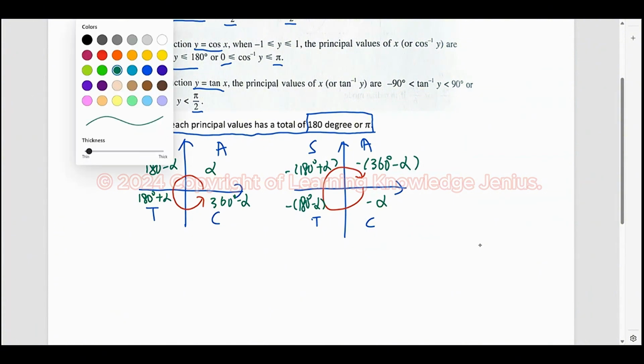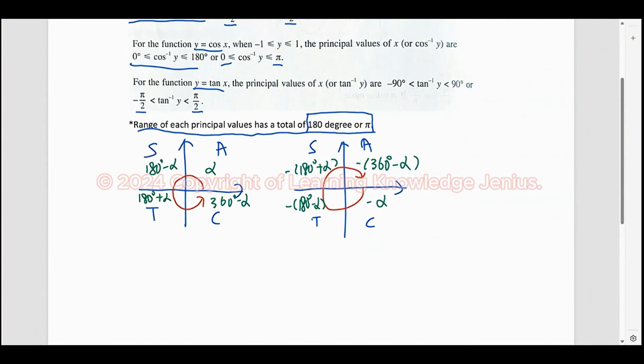Let's say we have a question asking us to find sine inverse of half. If you refer to the first ASTC, you realize it's positive, so it will be either the first or second quadrant. If you punch in the calculator, you will easily get 30 degrees, or the other one is 180 minus 30.